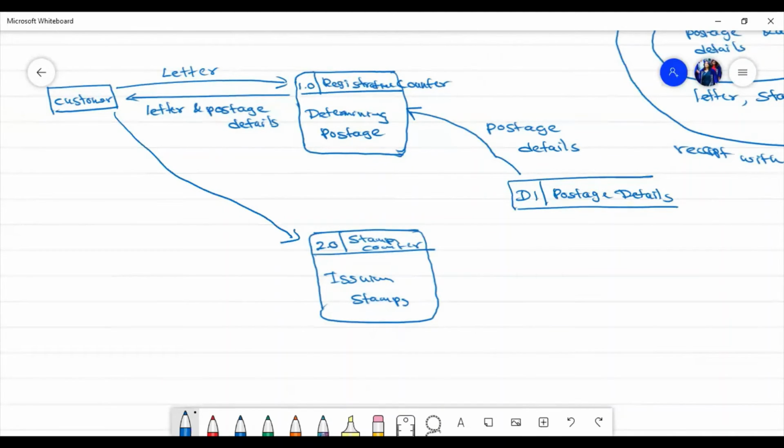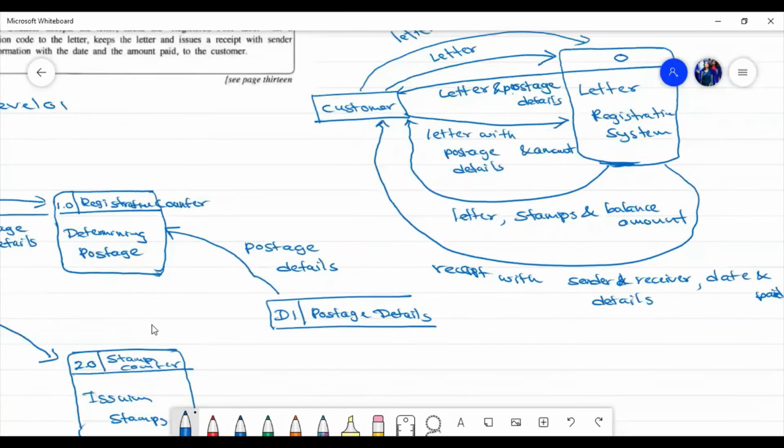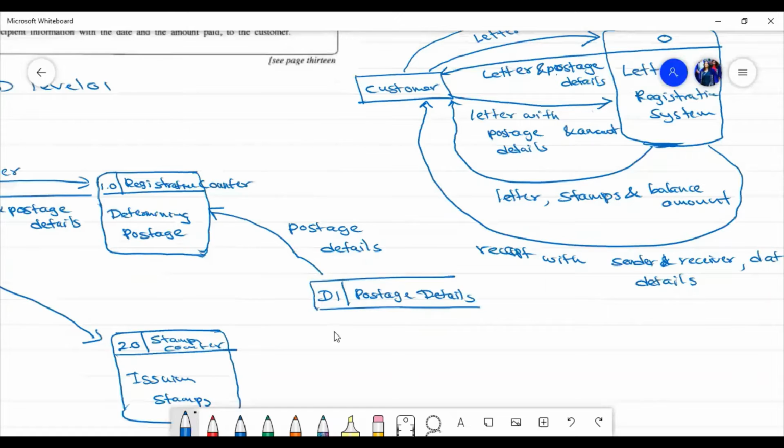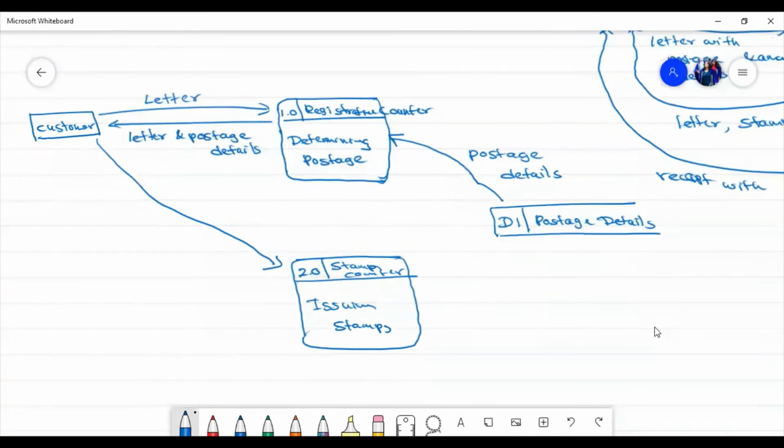In the context diagram it's just one thing, but here we have a separate process for that. So here we need to mention letter with postage details and amount.